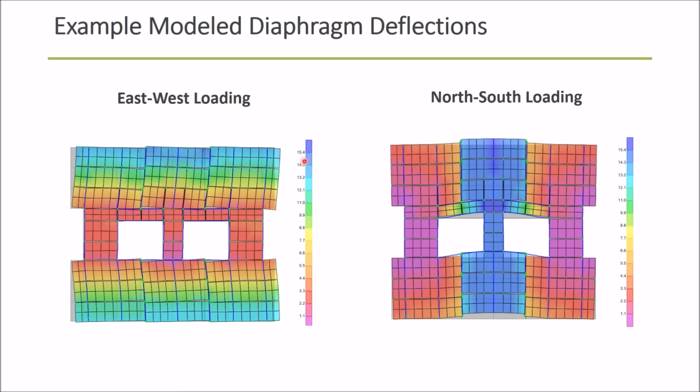If you remember, it's about 25 millimeters per inch. Anyways, this is a little over half an inch, maybe 5/8 of an inch of deflection at the edges of this diaphragm to a design level earthquake event, which created about a 0.8 g load on this diaphragm.